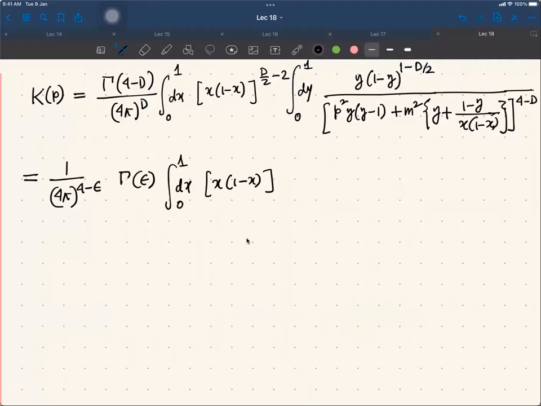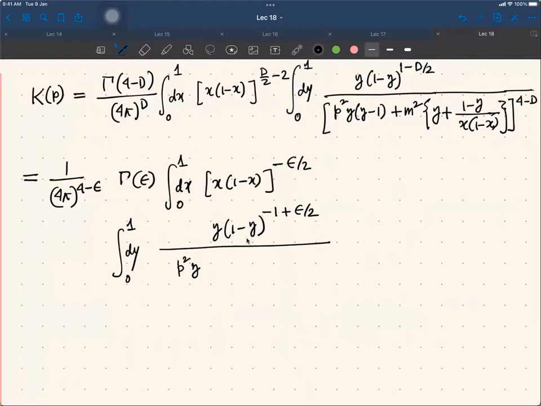so this is minus epsilon by 2, times integral dy from 0 to 1, minus 1 plus epsilon by 2, divided by p squared.